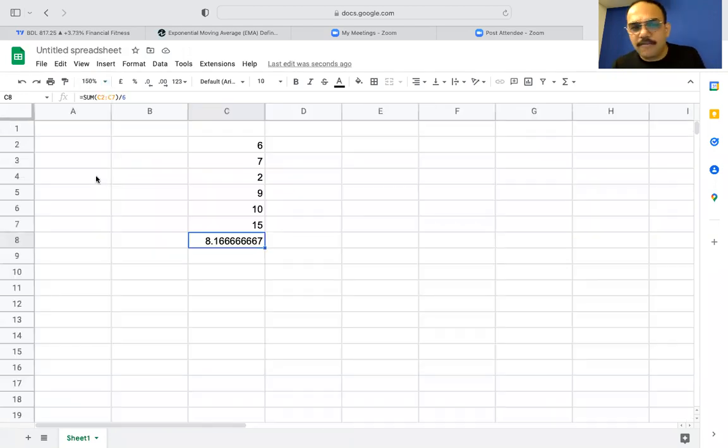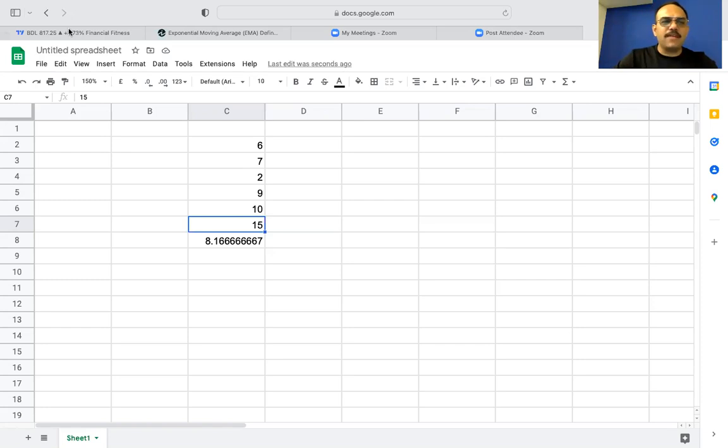Correct? Have I done it correctly? Equal, right? So the simple way of calculating a simple average is we add all the numbers and divide by the total number of numbers.